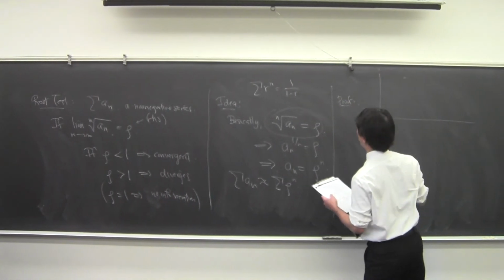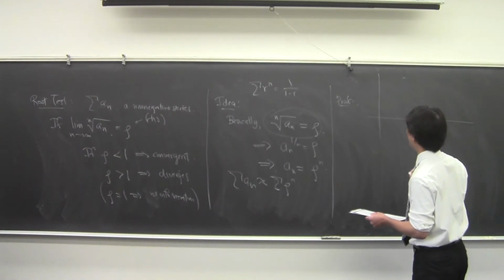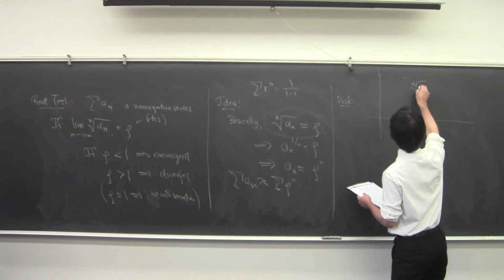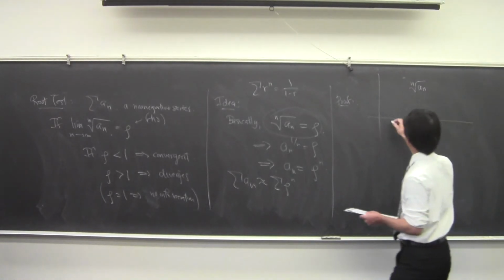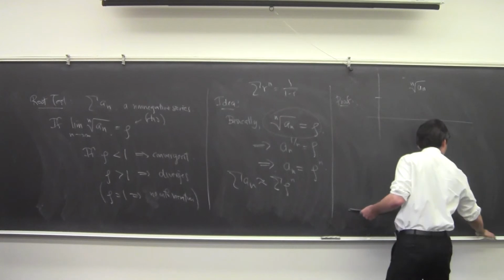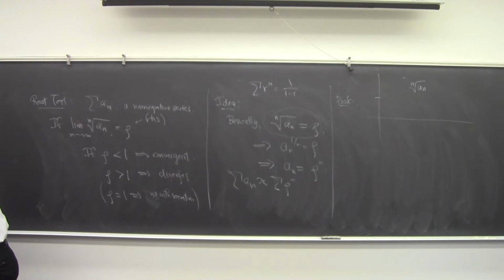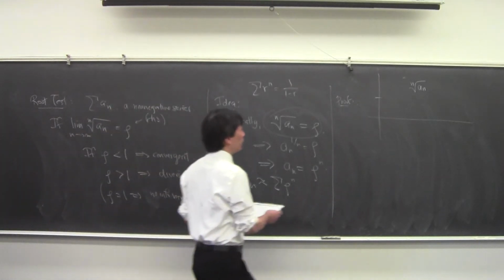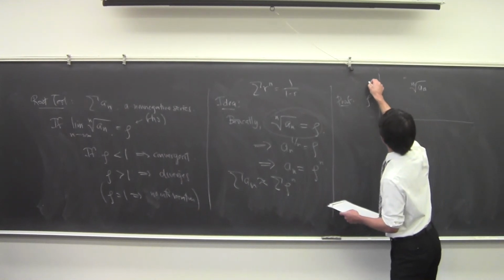You look at this sequence, the nth root of a sub n, and here is your rho. So rho is this number, and let's say that rho is less than 1.